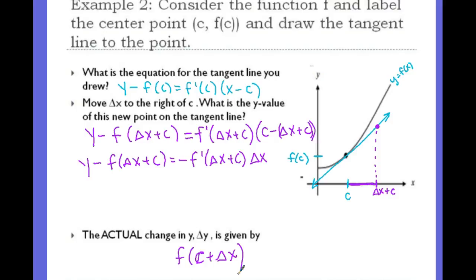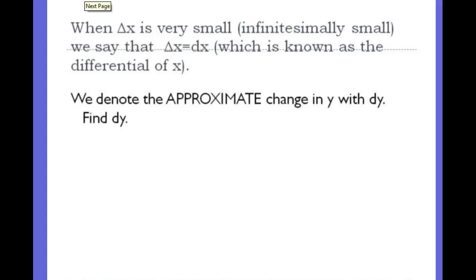If you plug in the actual values for these, this will zero out and you'll get y equals f of delta x plus c. We're going to do an example with actual numbers. This is the general, and that's the actual.